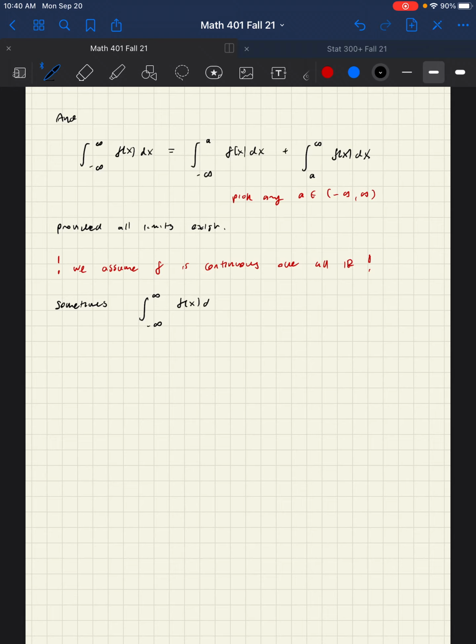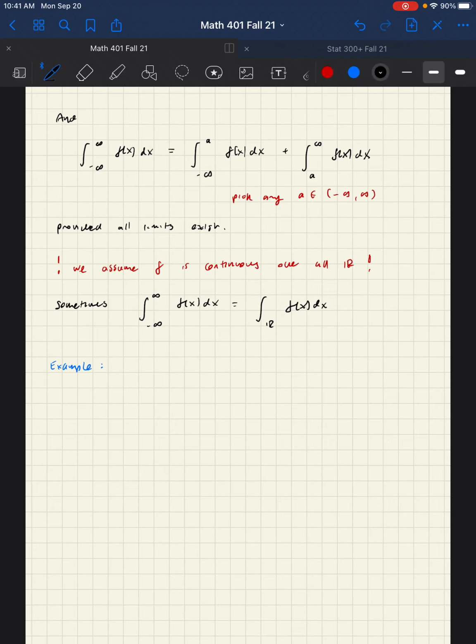Sometimes we write the integral from negative infinity to infinity of f of x dx as the integral over R of f of x dx. So remember that blackboard R represents the real number line. And so what we're saying here is we're integrating over the entire real number line. And this has implications for further branches of math that you might explore. But just know that you might encounter that notation from time to time.